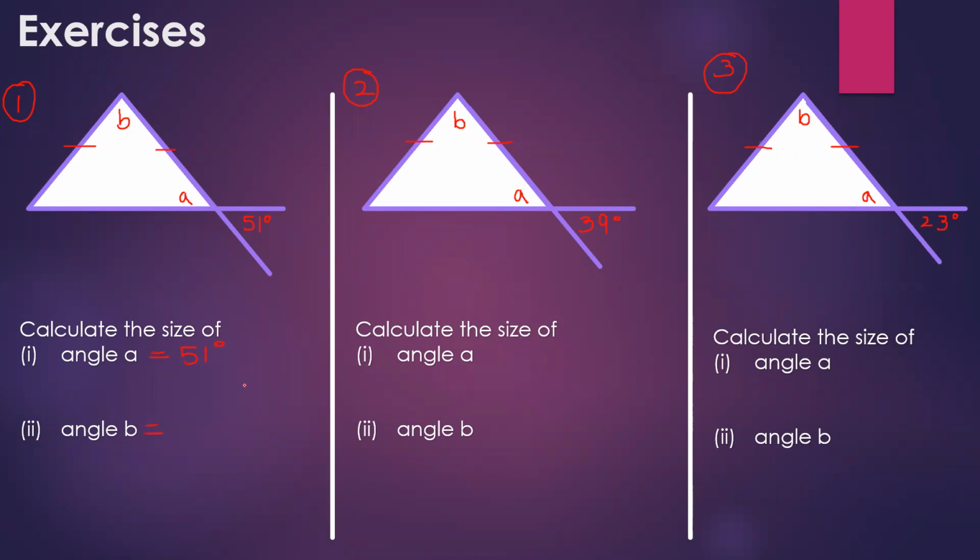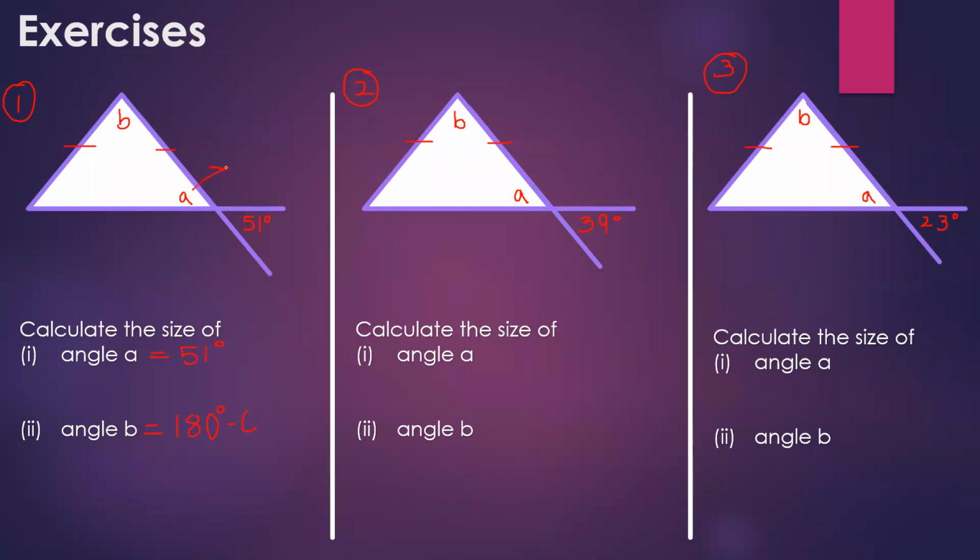Rochelle, help me with B for number 1. Would it be 78? How did you get 78? Because you add A and C, which is 51 plus 51, which would be 102. Then you take 102 away from 180, you get 78.